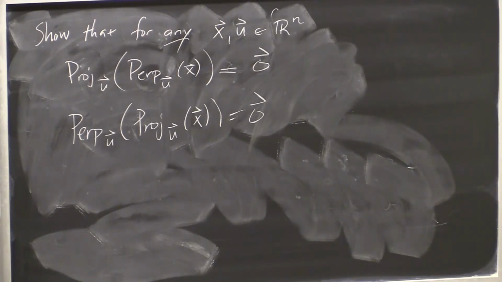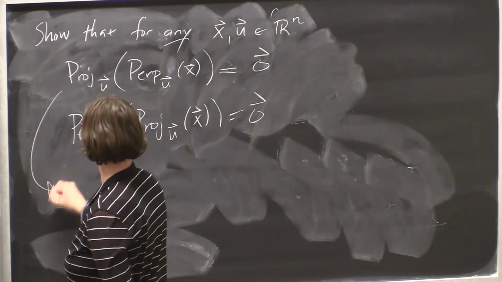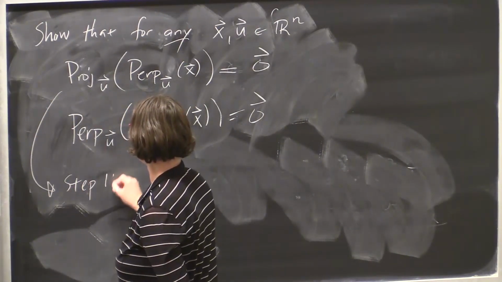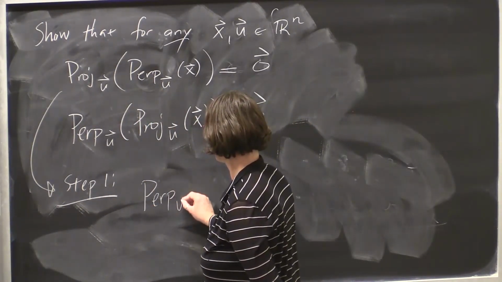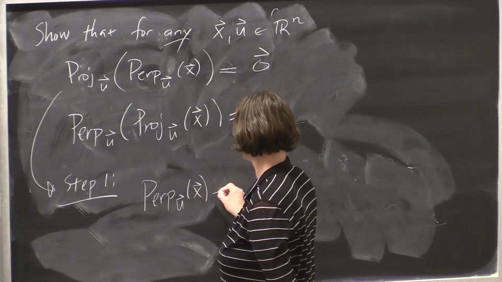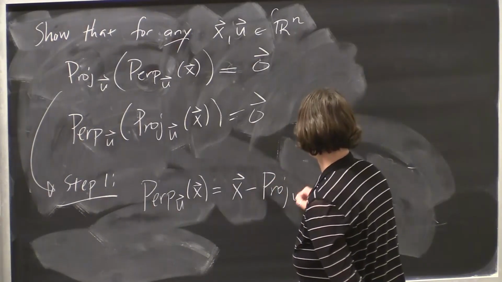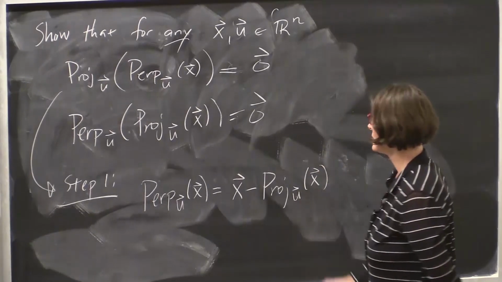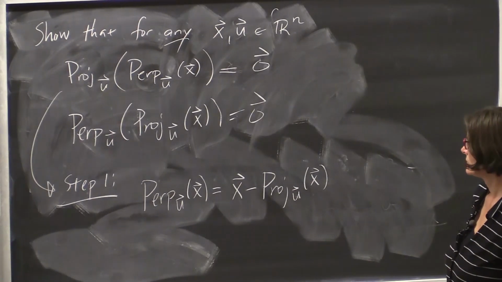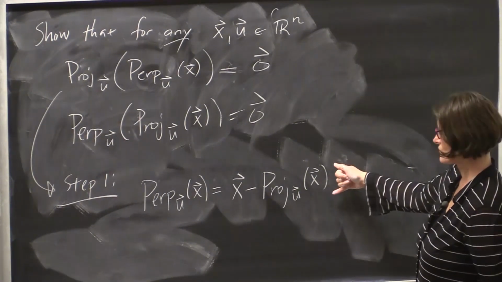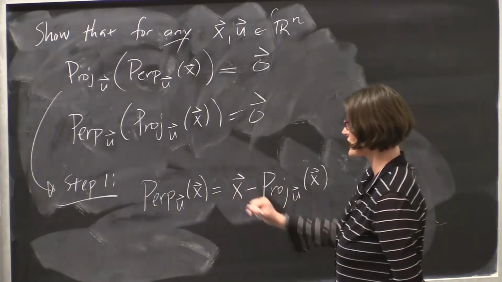OK, so let's just do this algebraically. So we'll do this one. Step 1. Perp u of x is equal to x minus the projection onto u of x. Why is that true? This is how we found it: first we project x onto u, then we subtract from x.